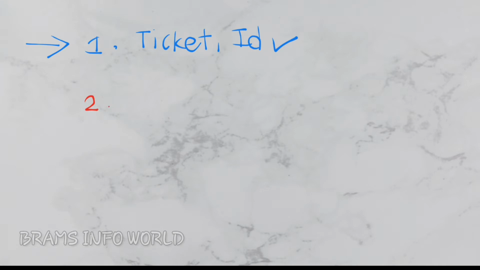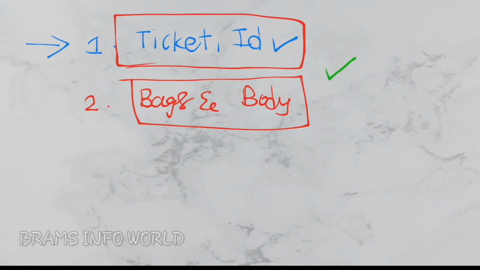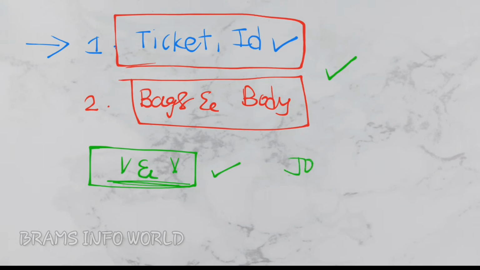The second time, your baggage is checked and your body is scanned, right? If both conditions are true, then your journey will start. First is verification of your identity and the second is verification of security. If both are true, then your journey will start in the airport, right?